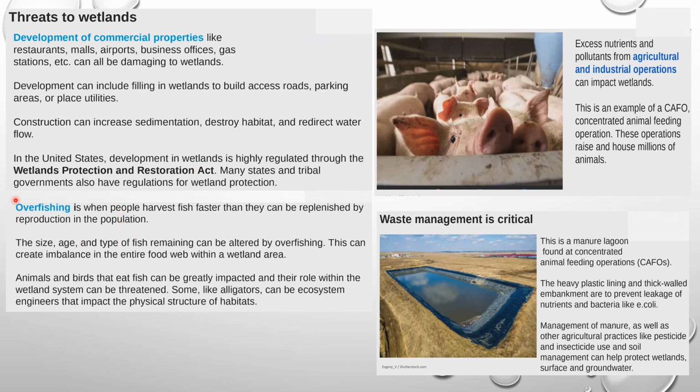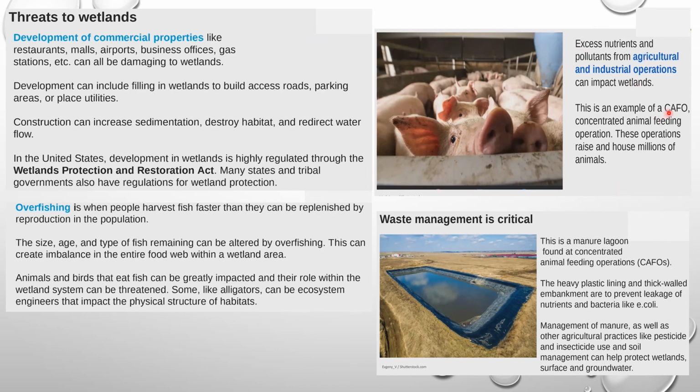Overfishing is also a problem with wetlands, and losing our diversity in them. And animals and birds that need to go to wetlands for migration are also at threat from us taking down wetlands. And then I told you about excess nutrients. So with too many nutrients going into a wetland, although they're really great at filtering those nutrients, there's also a point where the tolerance is too high and eutrophication can happen there too.